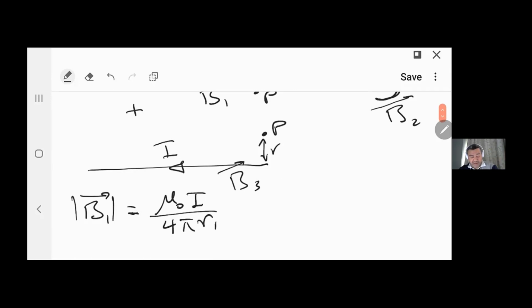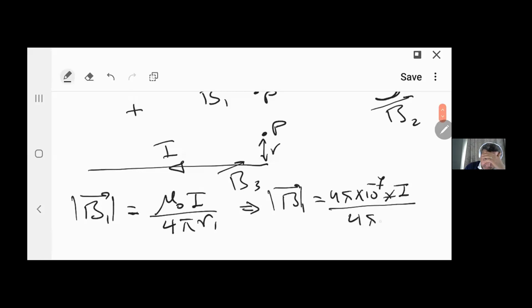All of them have the same R. So in this case, B1 equals to 4 pi 10 to the power minus 7 times I. I is now given to me, divided by 4 pi R1.